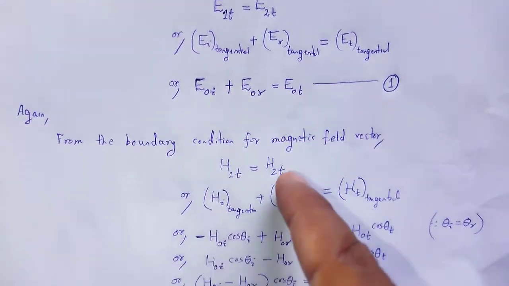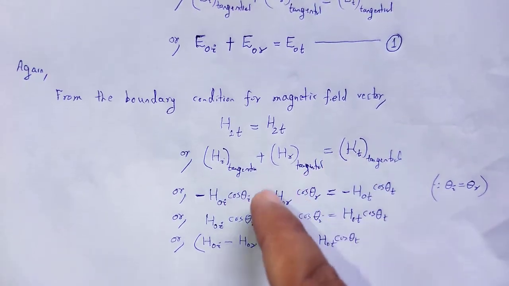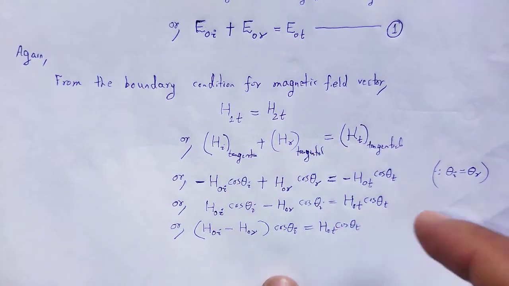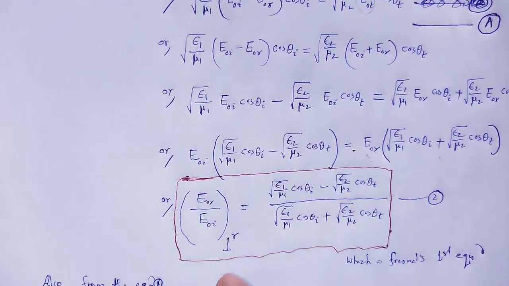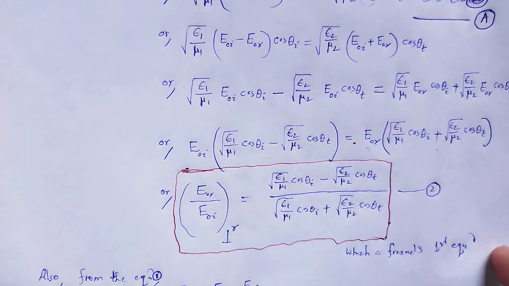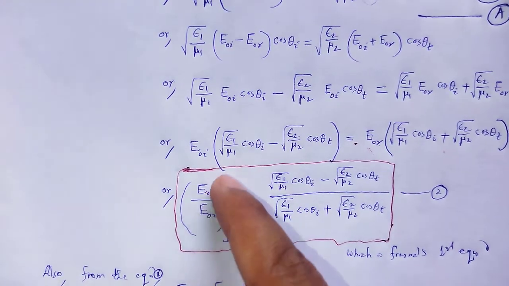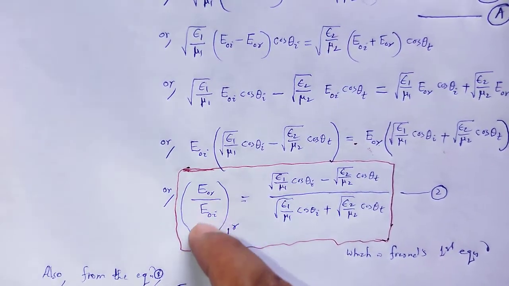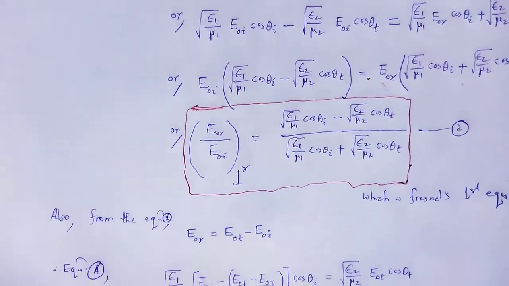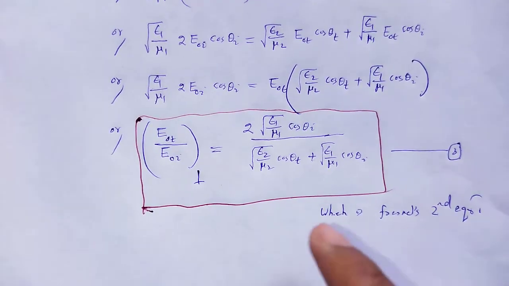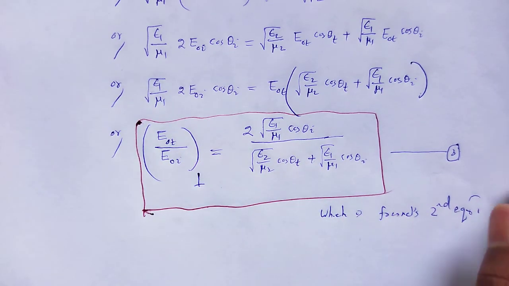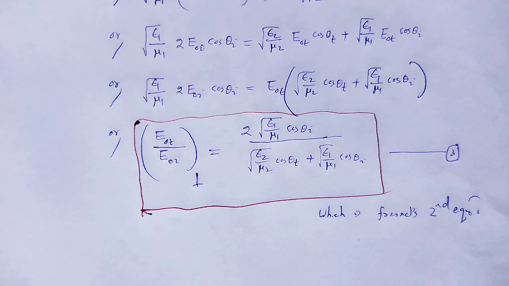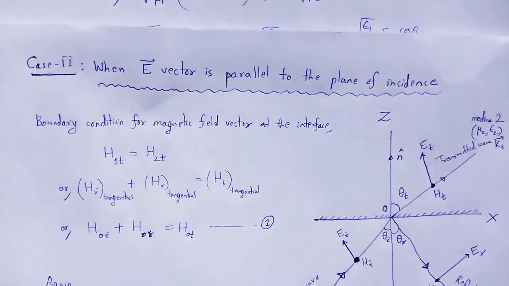So, I simply write, since it is not the tangential one, the tangential form of the S vector is written, and simplifying in that manner we obtain the first Fresnel's equation, the ratio of the amplitude of the reflected wave to that of the incident wave, and similarly the ratio of the amplitude of the transmitted wave to that of the incident wave. Again, case number 2 can easily be studied in a similar manner.